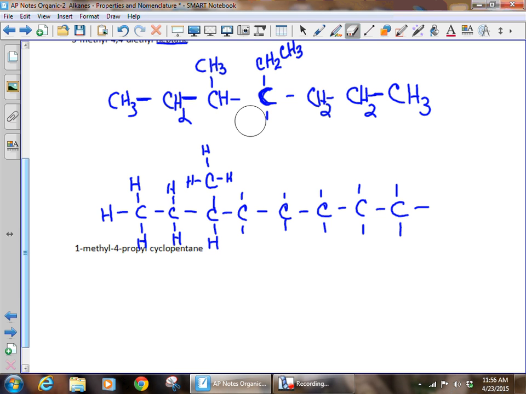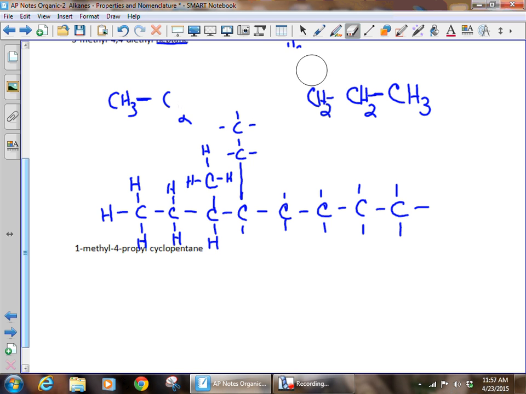I may draw an extra big line between it so I can get it all in, because this one's got to be an ethyl group. I'm going to erase even more, because this one's going to need some hydrogens around it too. Expanded structures are a little bit more challenging. This one has to be an ethyl group too, so it's going to look like this.